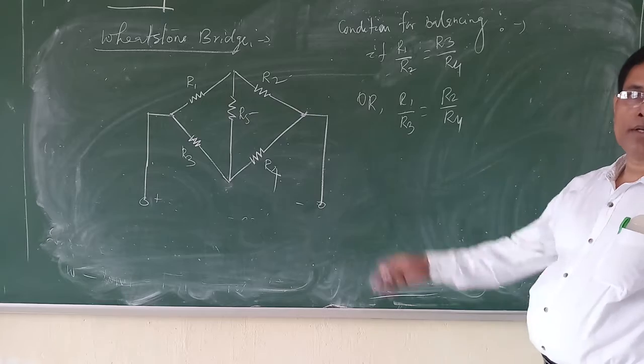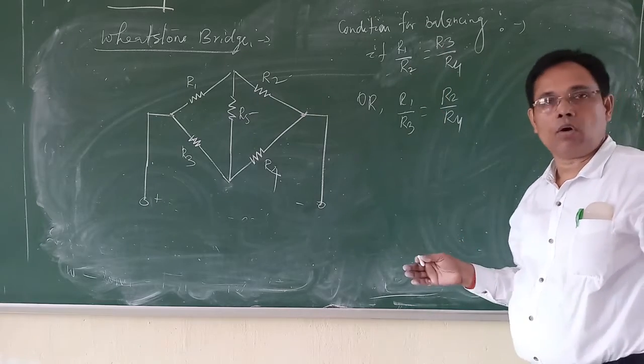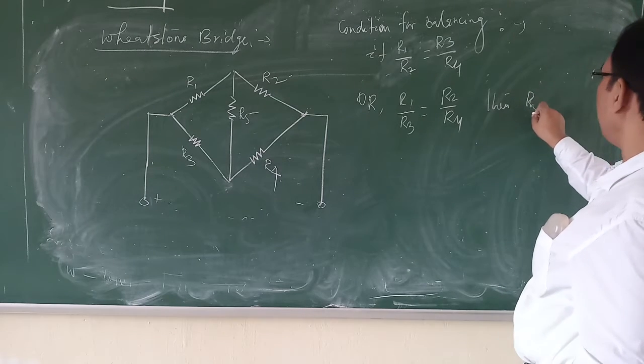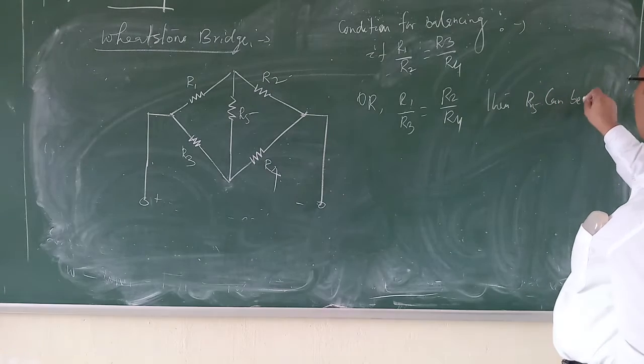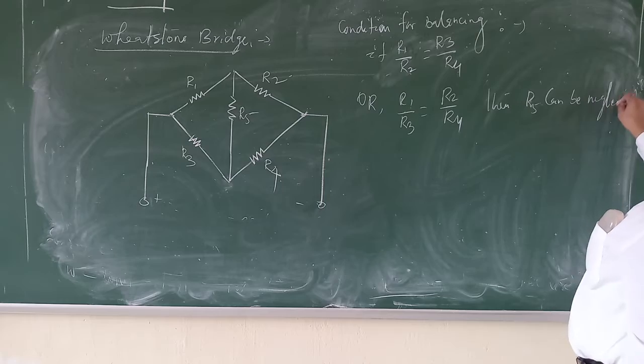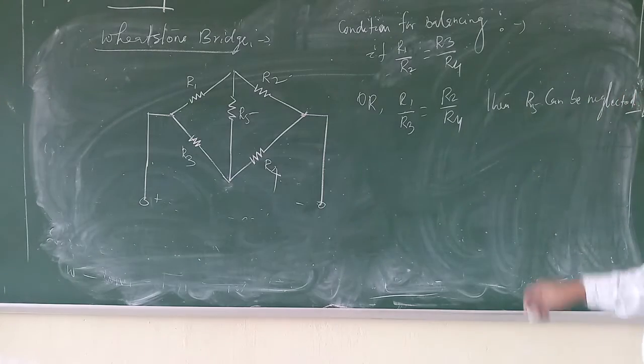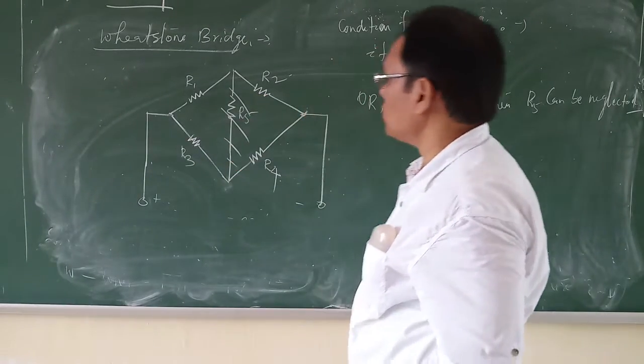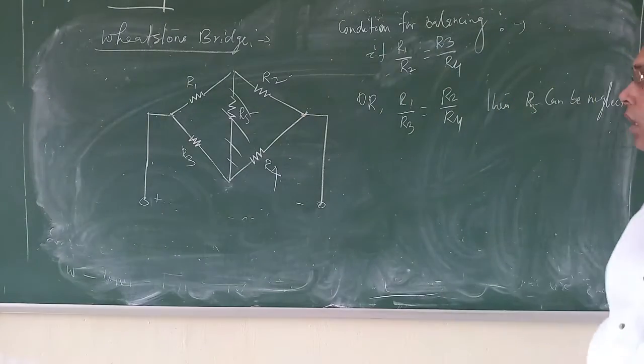If the ratio of alternate arm resistance are equal, then R5 can be neglected. Why are we neglecting this branch if the ratio of the alternate resistance are equal?